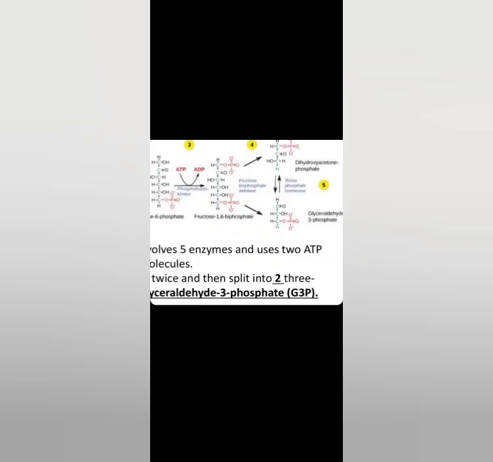You have done 5 chemical reactions where you have spent energy from 2 ATPs in step 1 and step 3. And at the end, you have 2 molecules, 3 carbons each and 1 phosphate each. And this molecule is called G3P, or glyceraldehyde 3-phosphate.